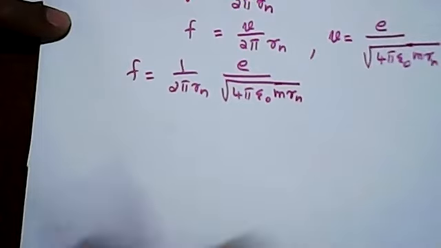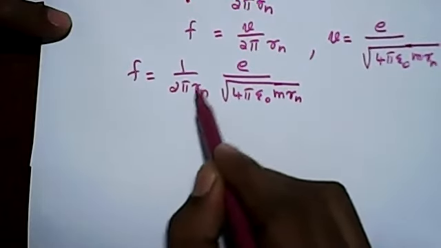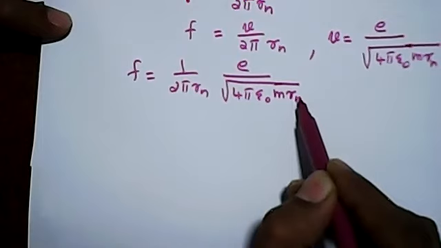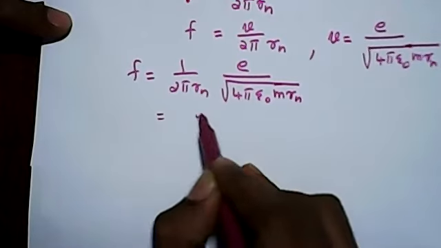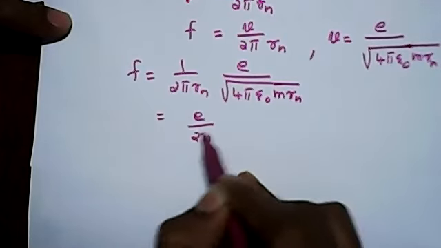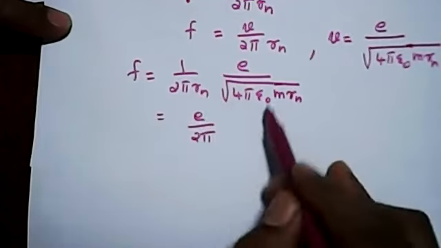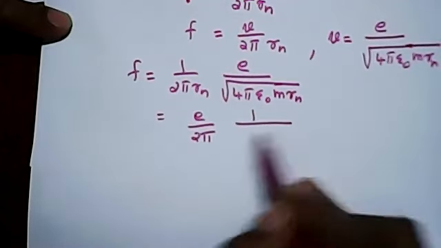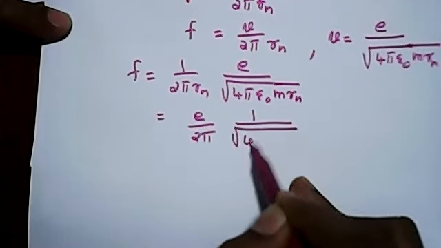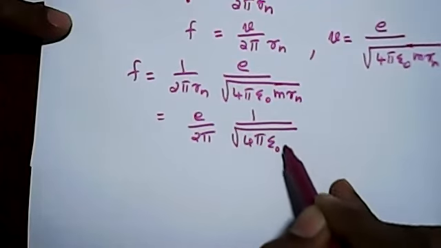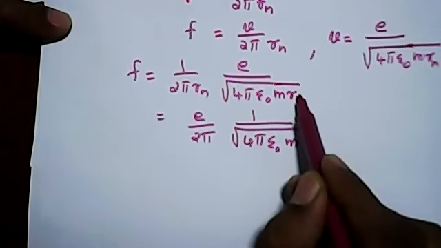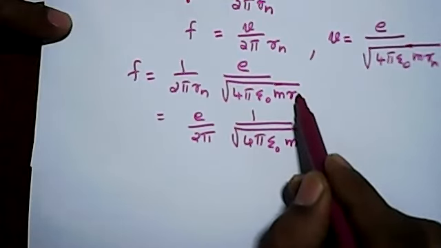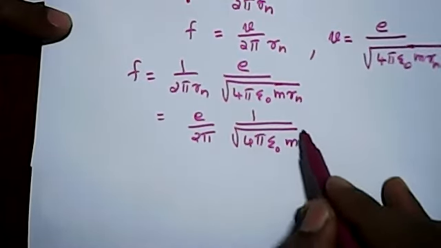Now take this Rn inside, so this becomes e divided by 2 pi, then 1 divided by root of 4 pi epsilon 0 m. When this Rn goes inside, that becomes Rn cube.